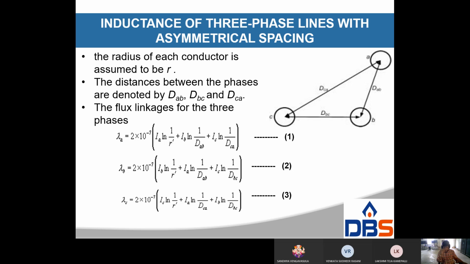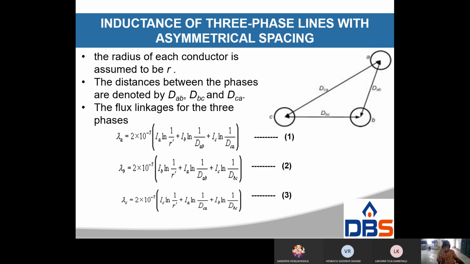Even if the currents in the conductors are balanced, IA plus IB plus IC equal to 0, the voltage drops are not the same because of unsymmetrical spacing. Why? Inductances are not the same. Why? Distances are not the same. So the distance differs, the flux linkages differ, the inductance differs, and the voltage drop also differs, right?